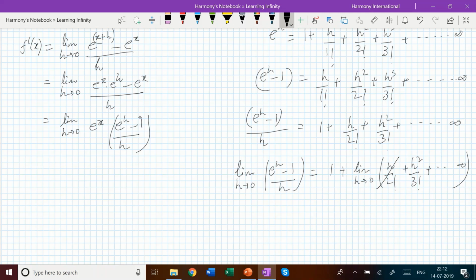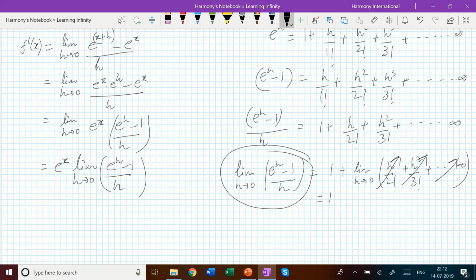Now as h tends to 0, all these terms will be 0, so it will be 1. Thus, returning back to our previous formula, we get e to the power x times limit h tends to 0 of e to the power h minus 1 by h, and we have already calculated that this limit equals 1, so it will be e to the power x. So the derivative of e to the power x is also e to the power x, so f'(x) equals e to the power x.